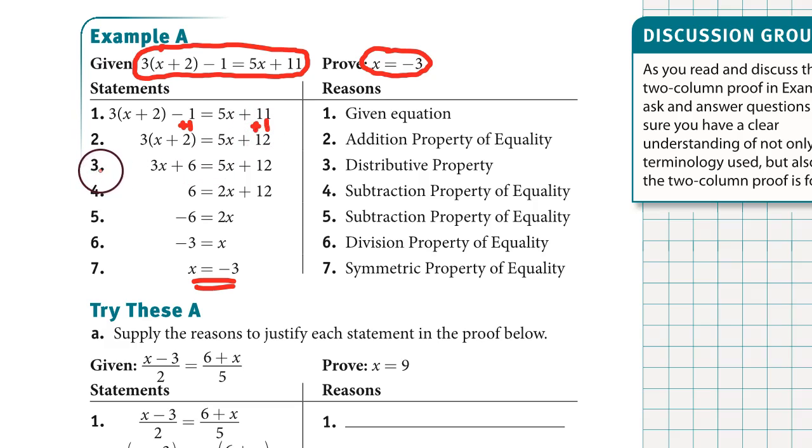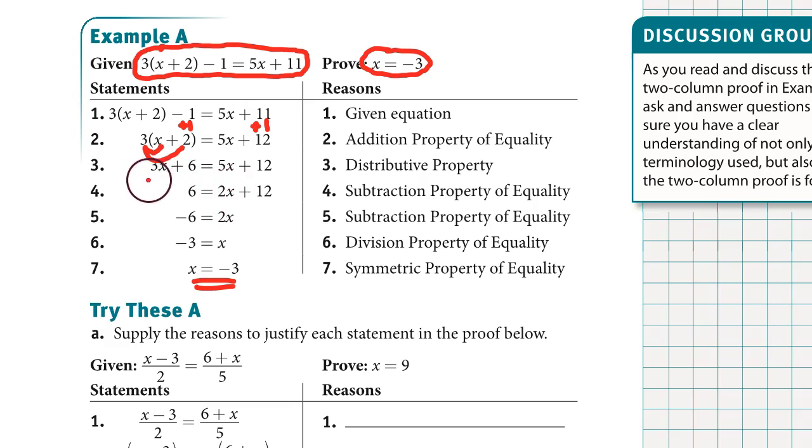What is the justification for writing what's in line 3? Well, it looks like the distributive property was done to create 3x plus 6, and so we write down distributive property as the reason. Now, going from line 3 to 4, what happened? Well, how did this become 2x?